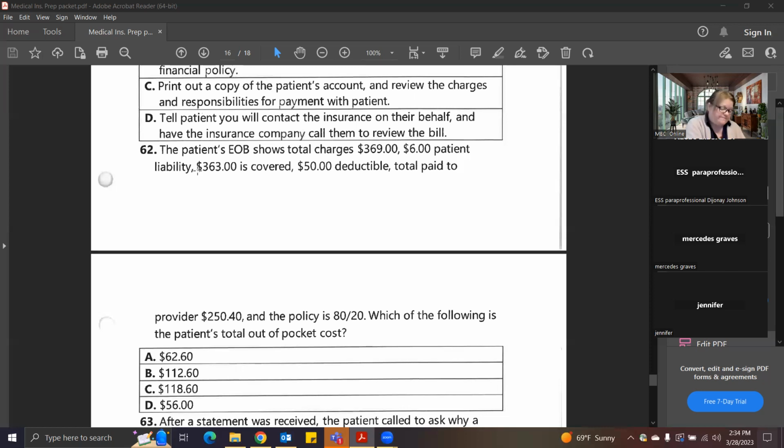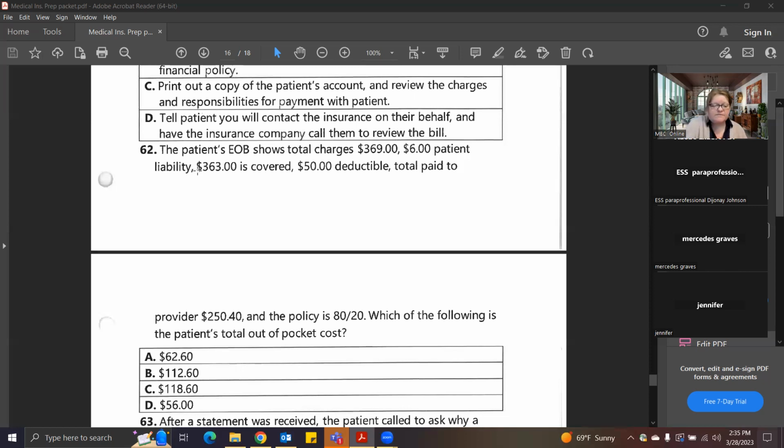All right, so y'all want to know the way I would do the math? Okay, so what I would do in this instance, since they've laid it out like that, they told us that 250.40 was paid, right? So I would take that $363 and subtract $250.40 from it because that's what they paid.